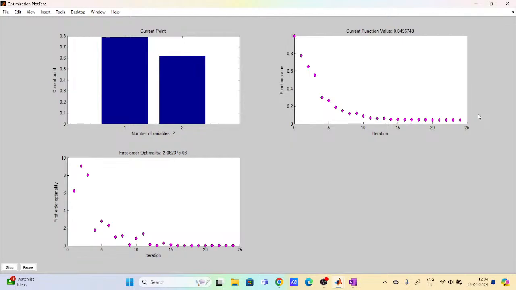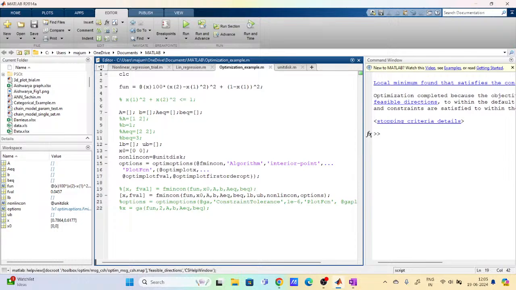Now you can see the number of iterations is large. So how to reduce it? If you change the algorithm from interior point to another algorithm. I have used interior point; instead, suppose I use SQP, sequential quadratic programming. Now I am running this.